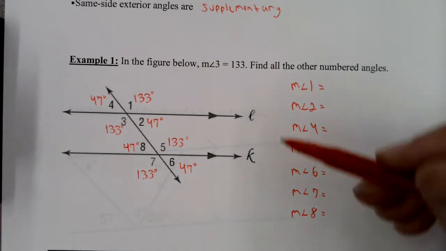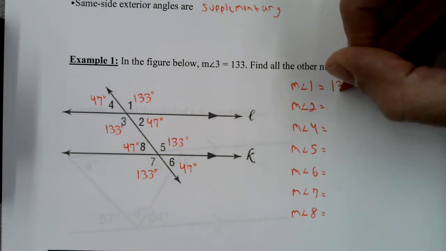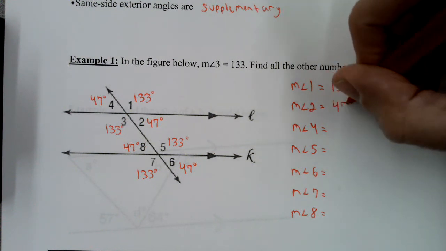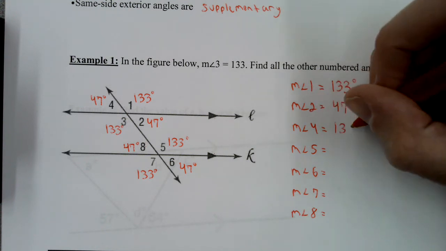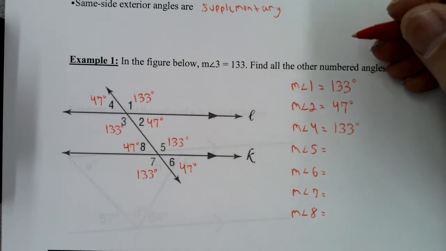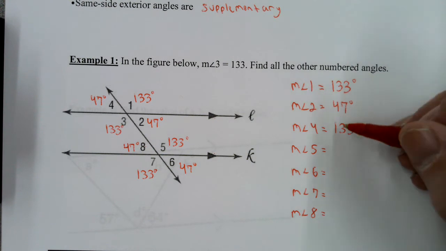So let me run through all 8 of these in order. Angle 1 was 133. Angle 2 was 47. Angle 3 was 133. Oops, I did that wrong, didn't I? We already have angle 3. Oh boy, rookie mistake.